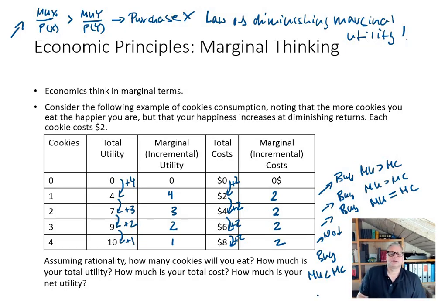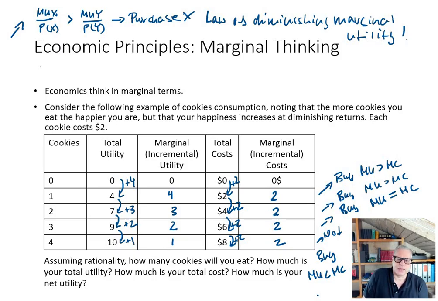So now what we do, and this is an important result already in economics, is we expand consumption as long as the marginal utility is greater than the marginal cost.